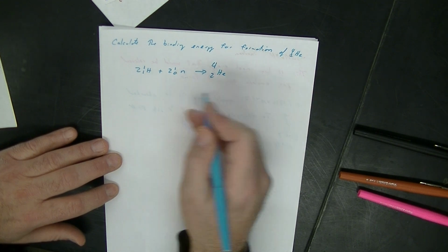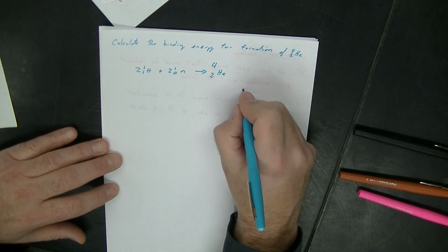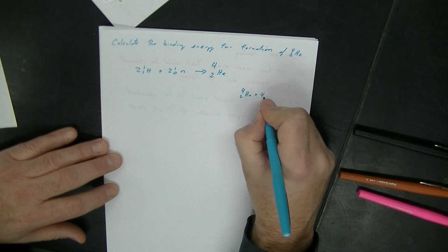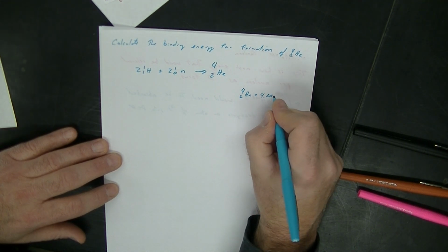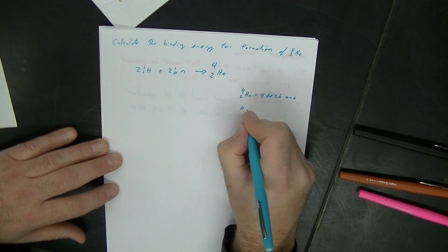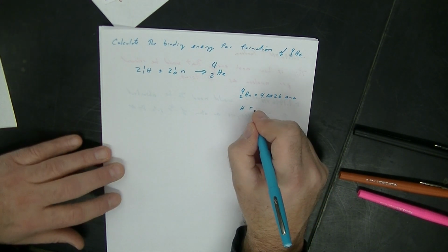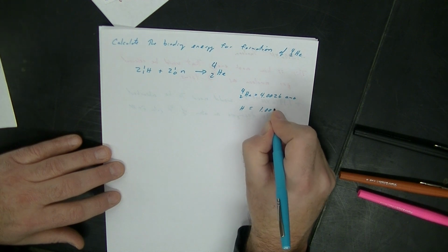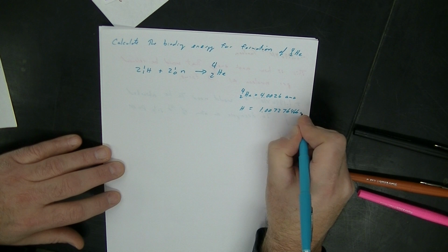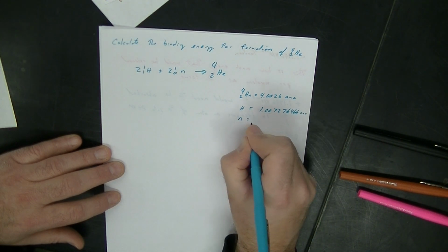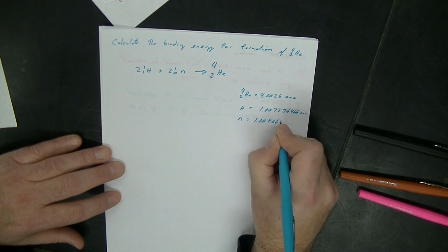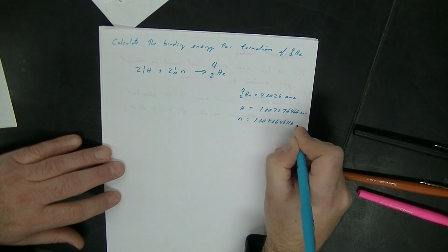All right, well now we need those masses. So helium is equal to 4.0026 AMUs. Our proton is 1.007276466 AMUs, and our neutron is 1.008664916 AMUs.